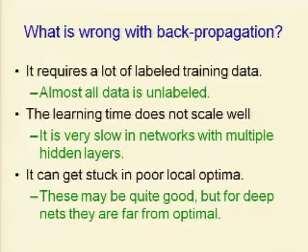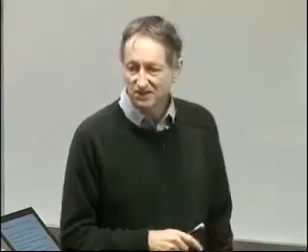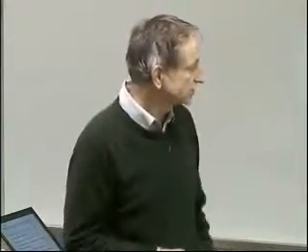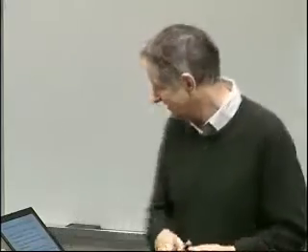The main limitations were these. It required lots and lots of labeled training data, and back then that was very hard to get. The learning time didn't scale well for deep networks, and deep networks were the most exciting ones because they could learn lots of nonlinearities. And it could get stuck in poor local optima, which might be quite good, but it turns out you can find much better ones if you learn in a slightly different way.